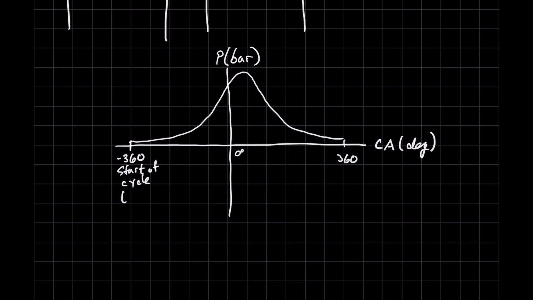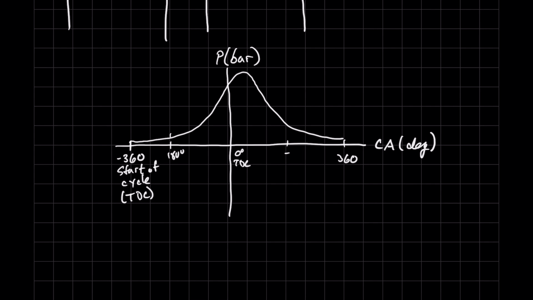And so the piston is at top dead center here, intake valve open. You have your intake stroke until about 180 degrees. Valve closes, you then have compression until you reach top dead center again at 0 degrees. You have combustion taking place, expansion, and then your exhaust valve opens somewhere around plus 180 degrees.